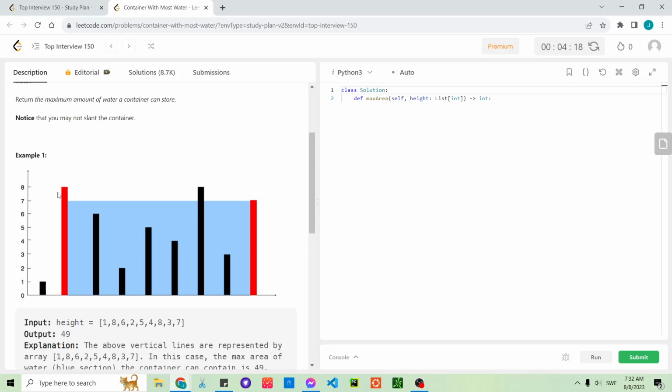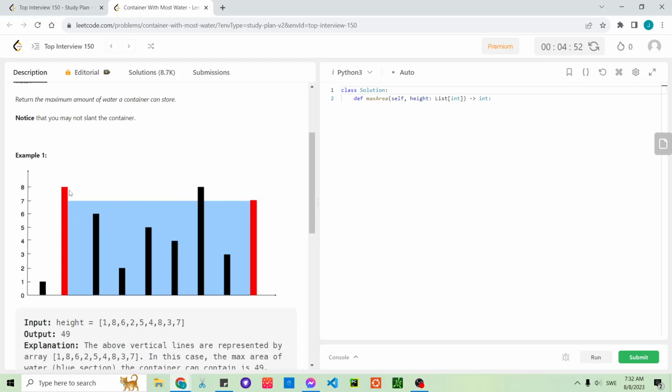And then, now interesting, we have the case of left and right pointing at the same value. In this case, we can move either of them. Why?